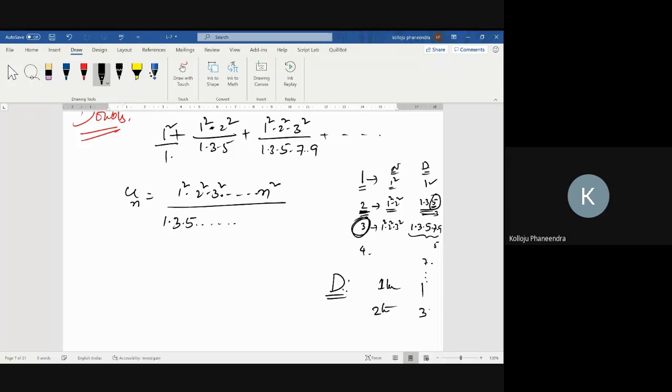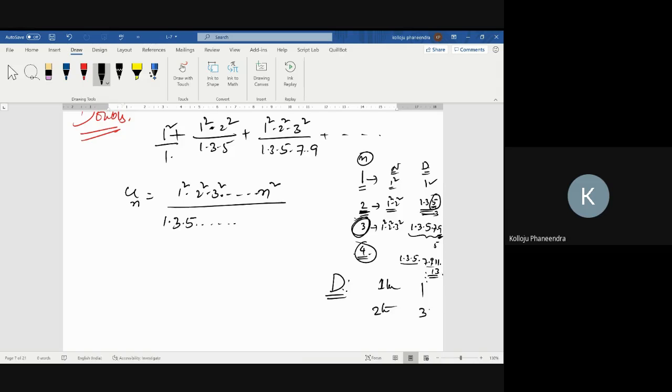Third term, up to 9. In the fourth term, the product is 1, 3, 5, 7, 9, 11, 13; you will get 7 terms, up to 13. This is my n. According to this, when n equal to 2, you will get up to 5.